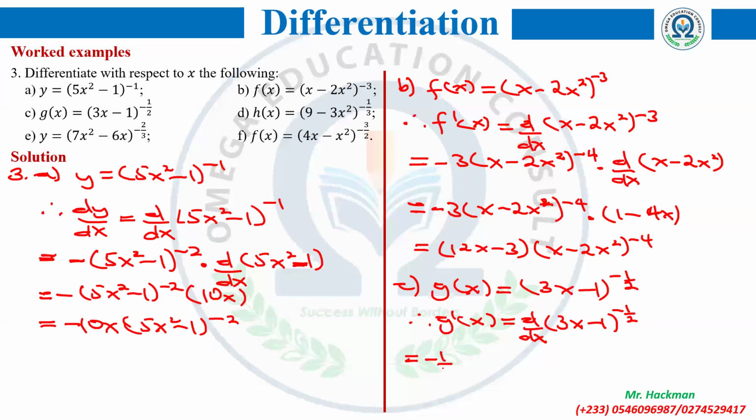Do you agree? Yes, please. Keep your 3x minus 1, then reduce the exponent by 1. So minus half minus 1 is minus 3 on 2, right? Yes, please. But that's not all, times d/dx of what you have in brackets. So d/dx of what we have in bracket, which is 3x minus 1. All correct.